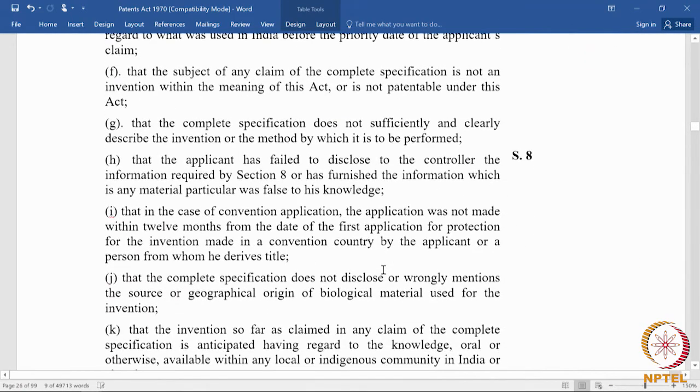F, that the subject of any claim of a complete specification is not an invention within the meaning of the act or not patentable under this act.